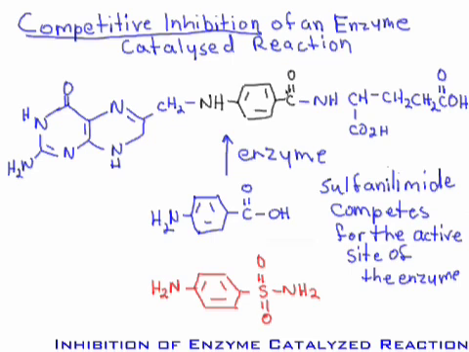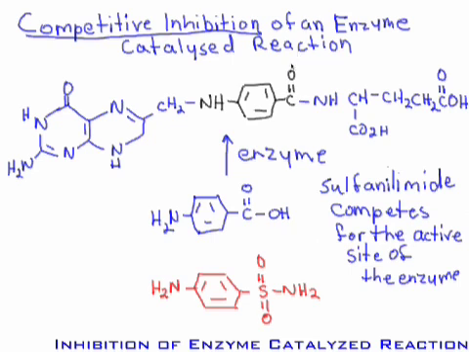Now, sulfa drugs are often referred to as narrow-spectrum antibiotics because they're only successful against bacteria that require folic acid for reproduction, and not all bacteria require folic acid. This limited effectiveness of sulfa drugs is caused by the fact that not all bacteria require folic acid for reproduction.